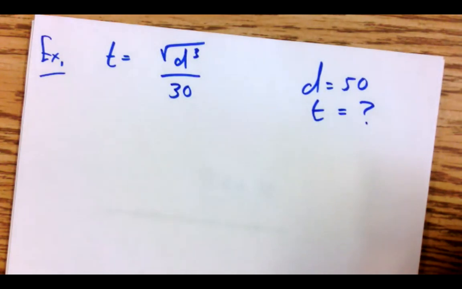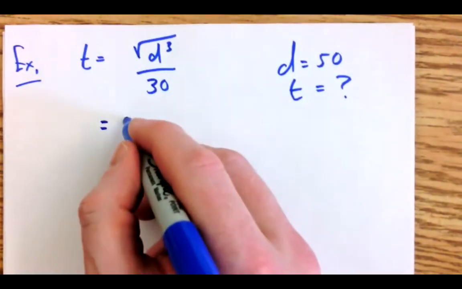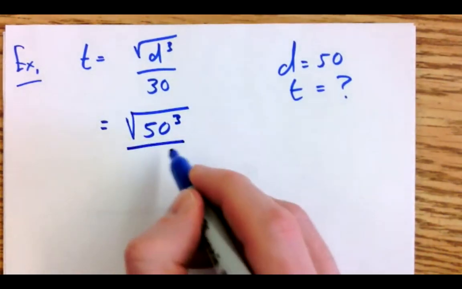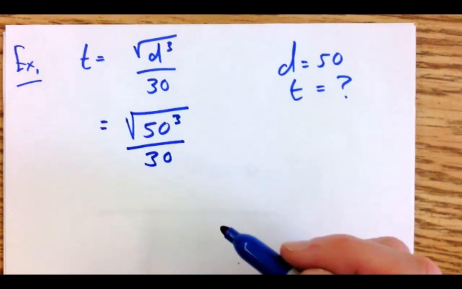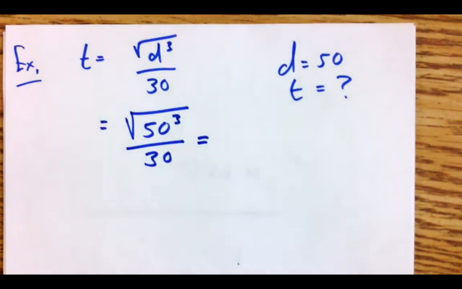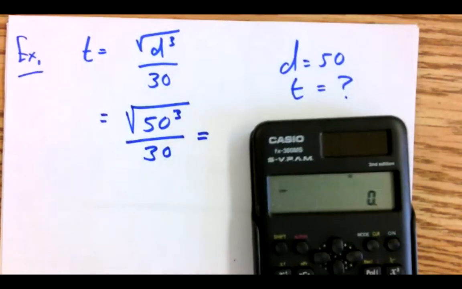What does t equal? So we just plug that info in. We have 50 cubed all over 30. Everybody's calculator is different.